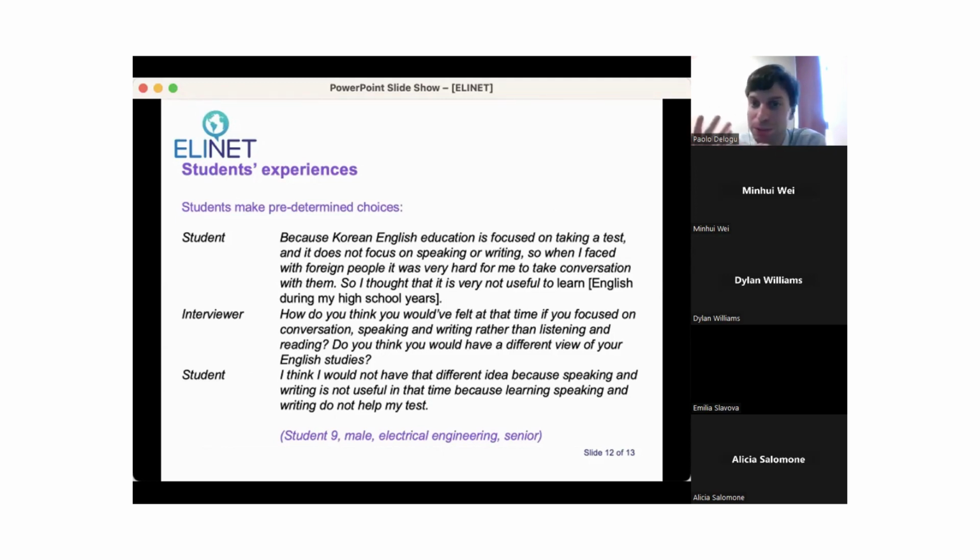This focus on, for example, receptive skills, which doesn't allow them to do any output. But I also see some psychological elements, like when the student says, when faced with foreign people, it was very hard for me to hold a conversation with them.